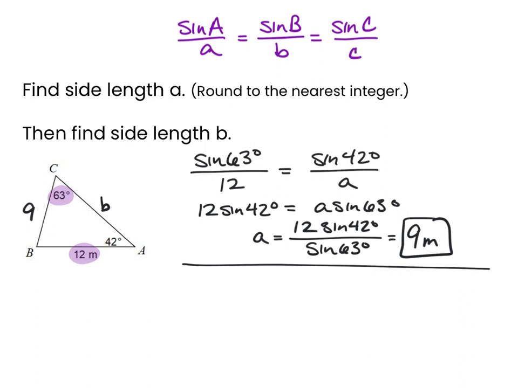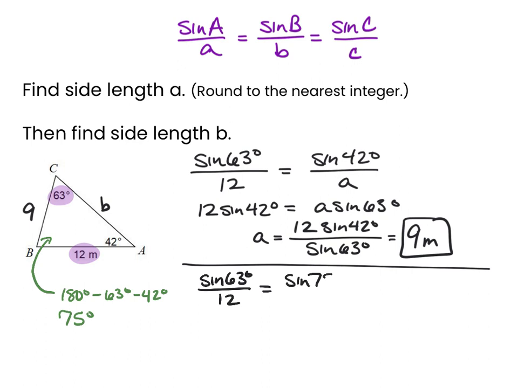But again, just like that problem we did before, if we're trying to find this missing angle here, we just have to take 180 degrees and subtract the other 2 angles that we have, which means that angle B is 75 degrees. So when I set up my law of sines again, I would still use the sine of 63 over 12 equal to the sine of 75 degrees over side length B. I like to continue to use the one given to me, the 63 and 12, as opposed to the one I found, just for rounding errors.